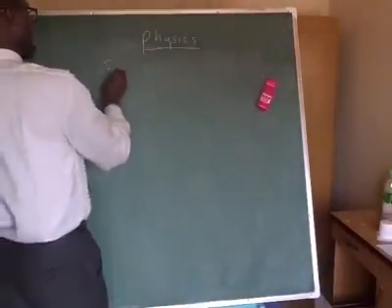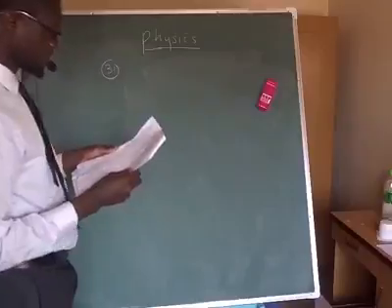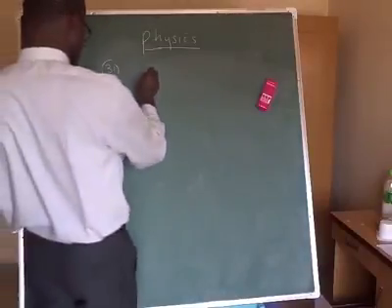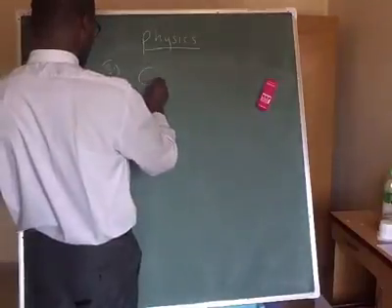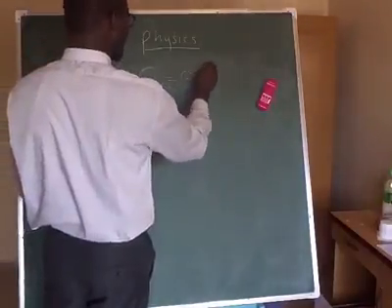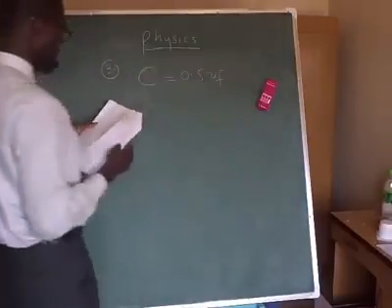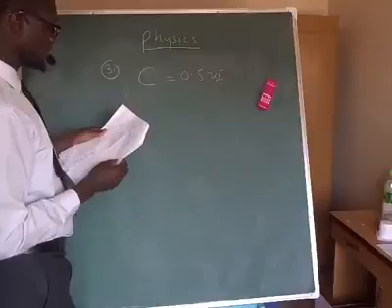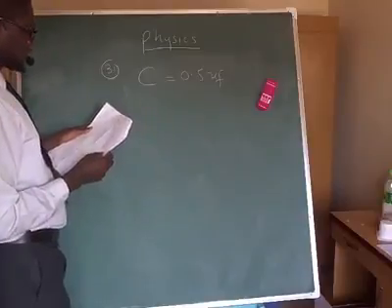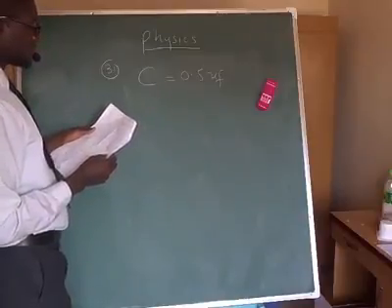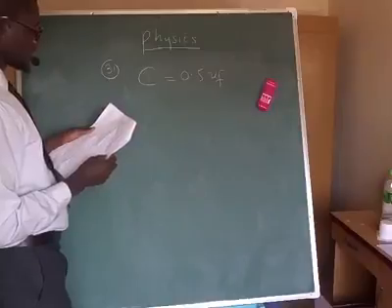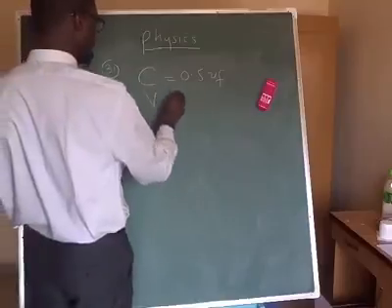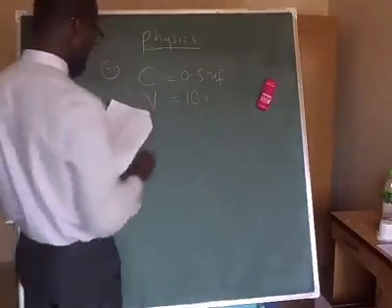It says the plates of a 0.5 microfarads uncharged capacitor are connected to a 10 volts battery. The capacitance is given as 0.5 microfarads. So my potential difference is 10 volts.